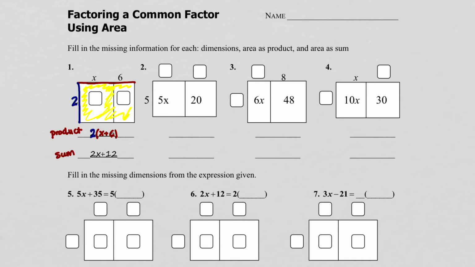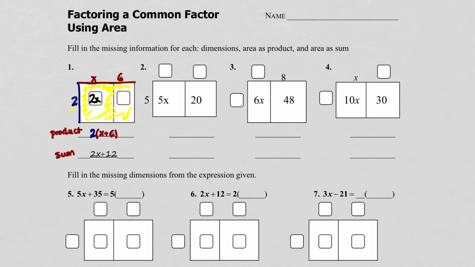And then the other one, the sum. On that one, I'm going to do each piece first. I'm going to multiply each piece first and then add those pieces together. So here I've got my 2 times my x, 2 times x is 2x.